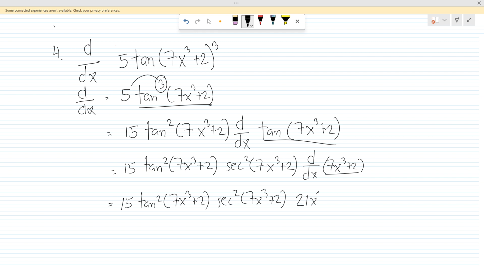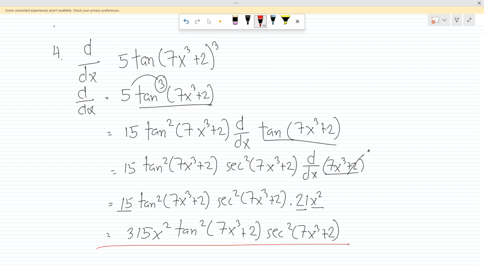What is the derivative of 2? 0. So what is 15 times 21? 315. Okay, 315 x squared, followed by tangent squared of 7x cubed plus 2, then followed by secant squared of 7x cubed plus 2. If we cannot simplify this, this would be our final answer.